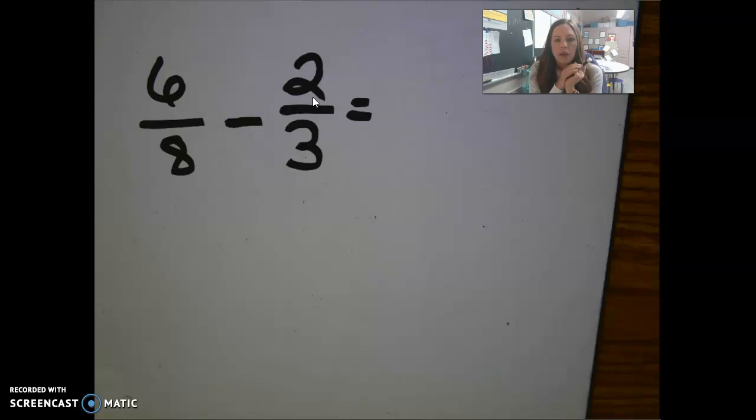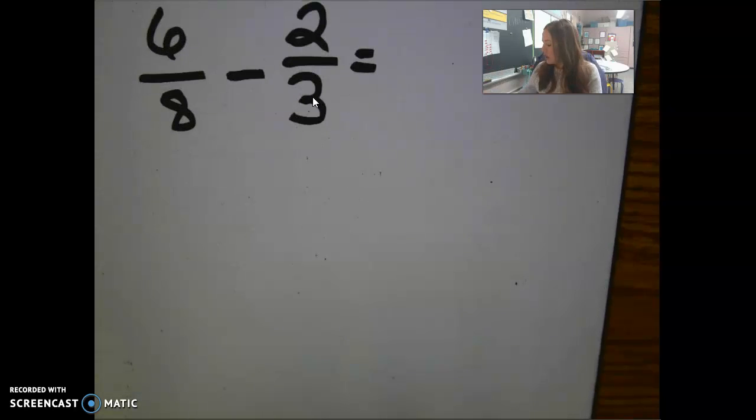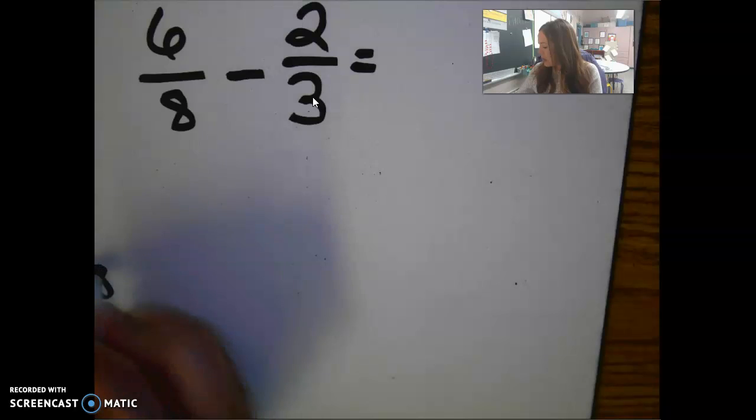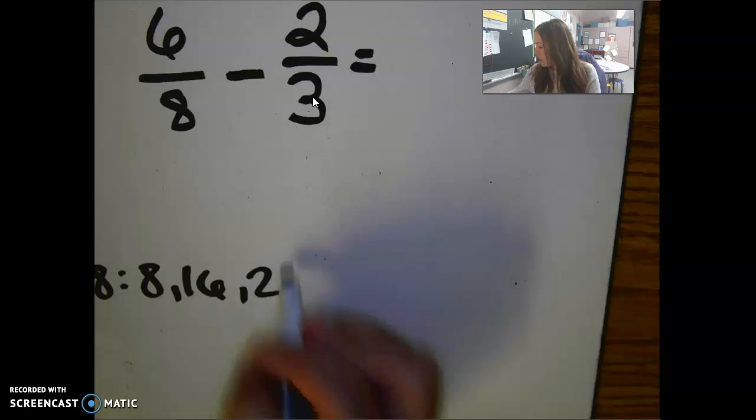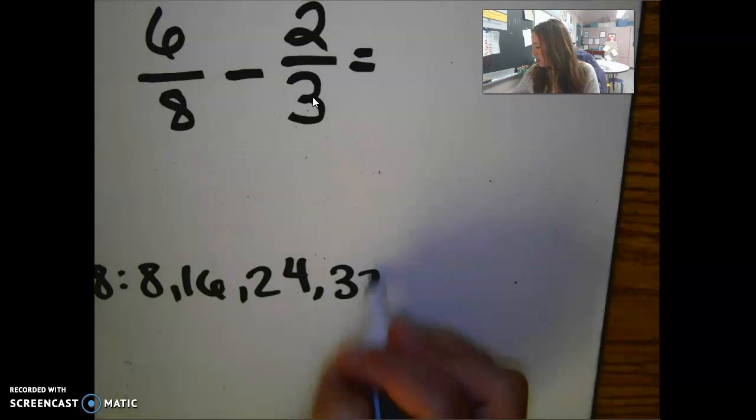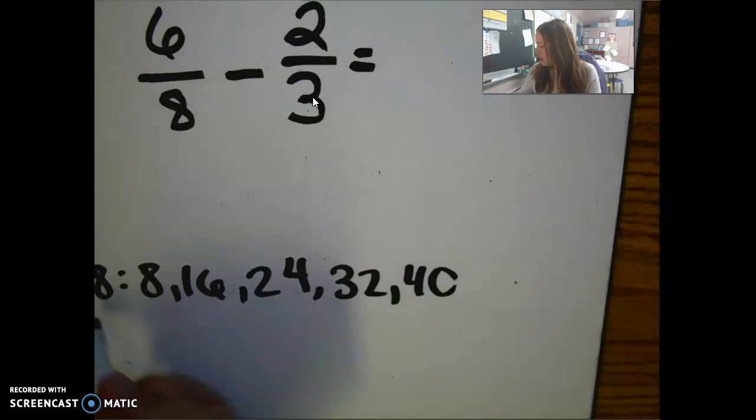So if we think back, how do we find a common denominator? Well, multiples help me find a common denominator so I can add or subtract. So let's list our multiples of 8, and then our multiples of 3.